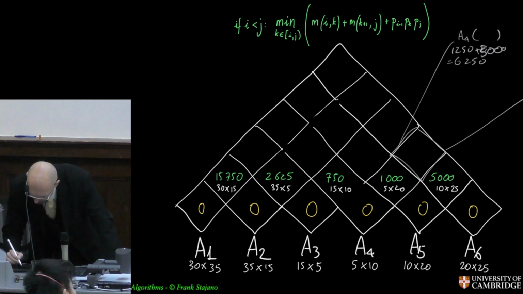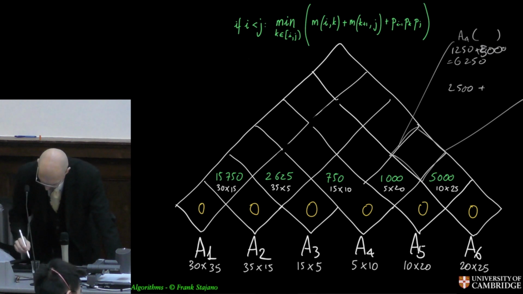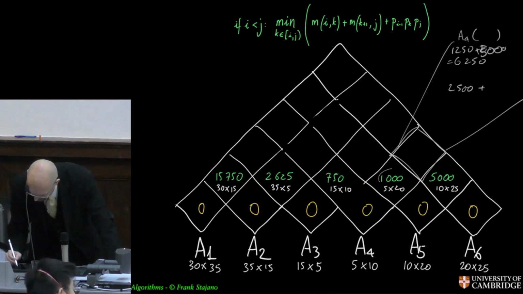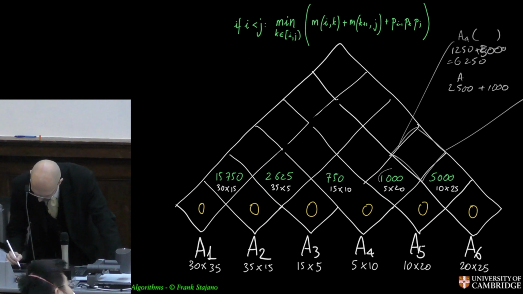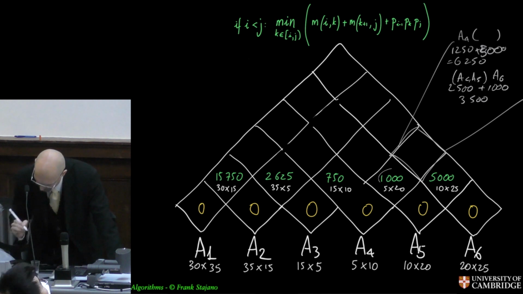So I'm paying 2,500 plus the cost of doing the other one, which was here, 1,000, and that's the cost of doing A4, A5 times A6. So that gives me 3,500.